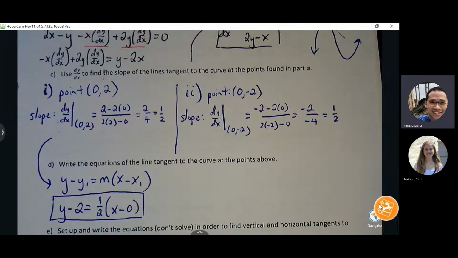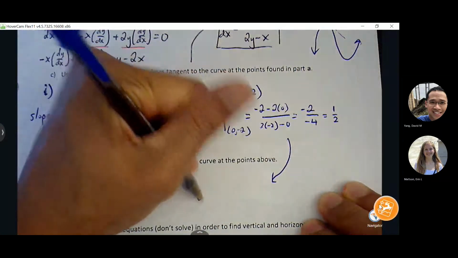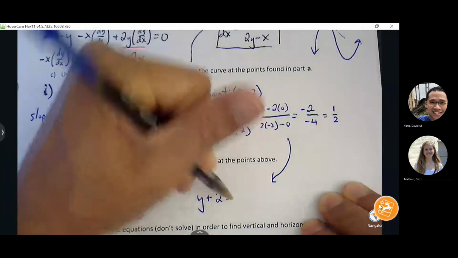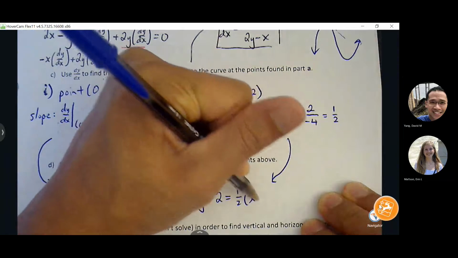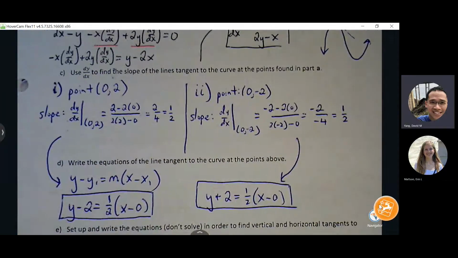Slope is also 1/2. So those are my tangent line equations that will skim the surface of the graph at the two points indicated at the beginning of the problem.